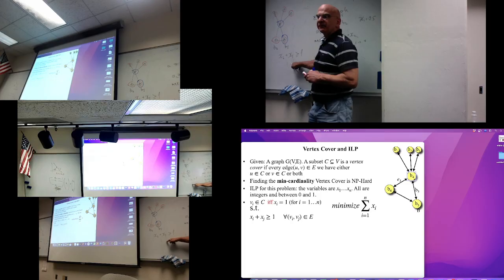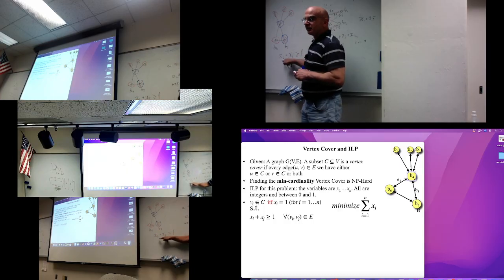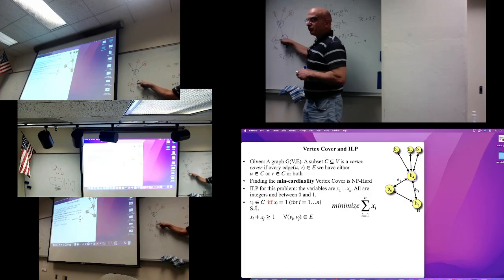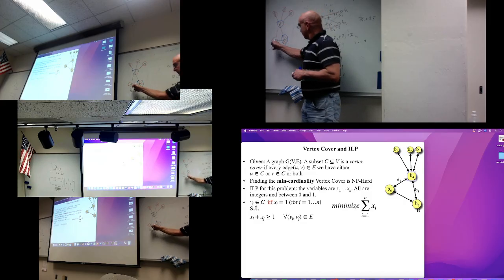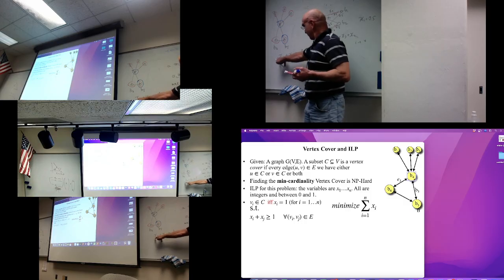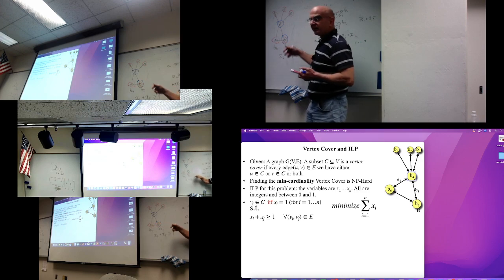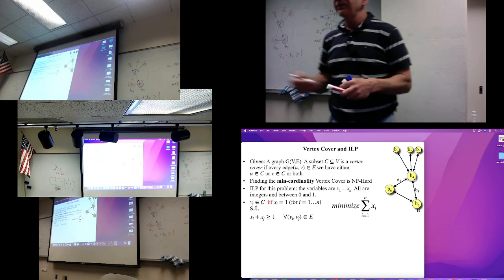If it's 2, I'm fine with this, but it must be at least 1. Why? Because they are integers. Here is an edge. To cover the whole graph, I must cover this edge, which means that either v6 or v5, or possibly both, will be in my cover. It cannot be that both variables are 0, which would mean that neither v6 nor v5 is in my cover. At least one of them must be in my cover.